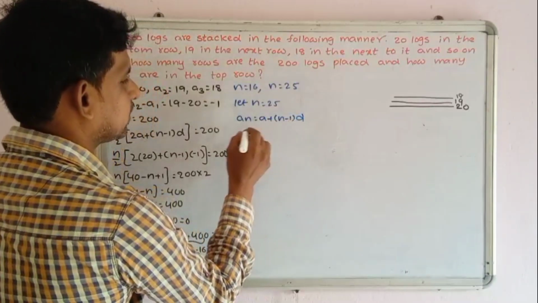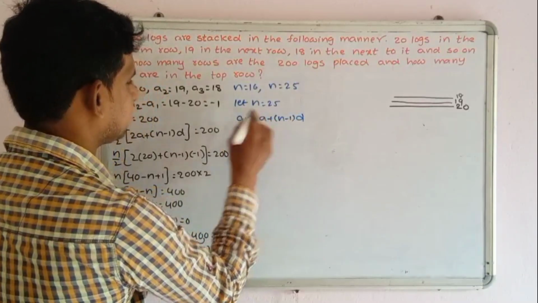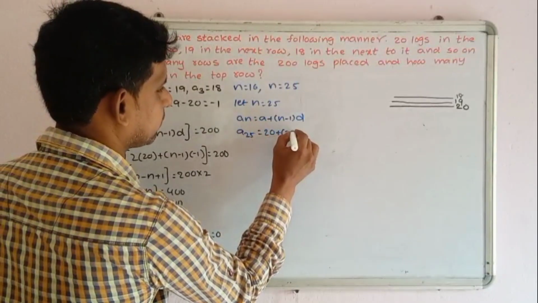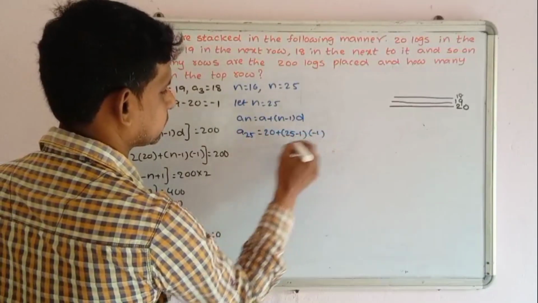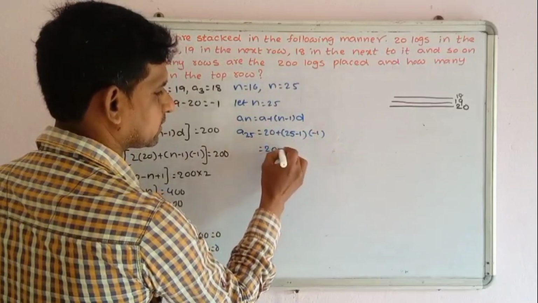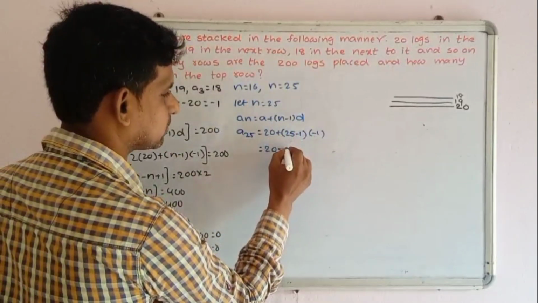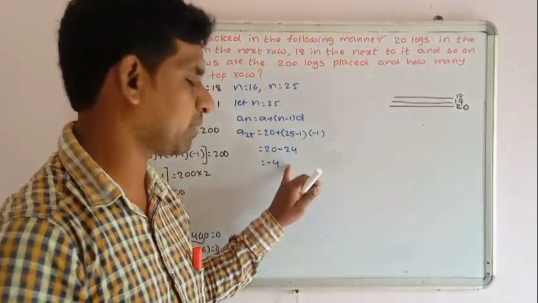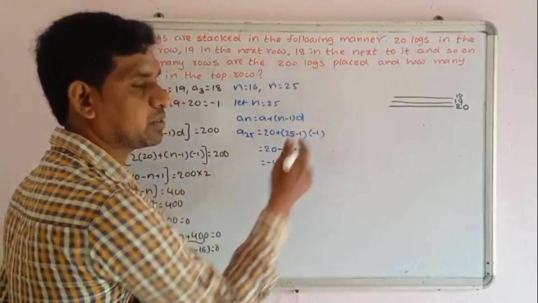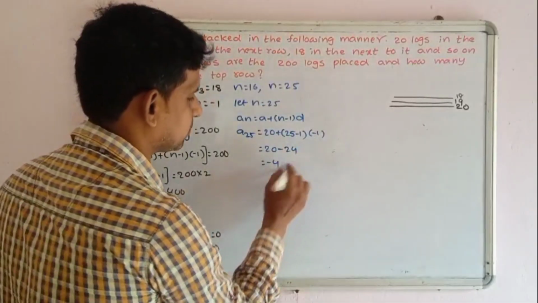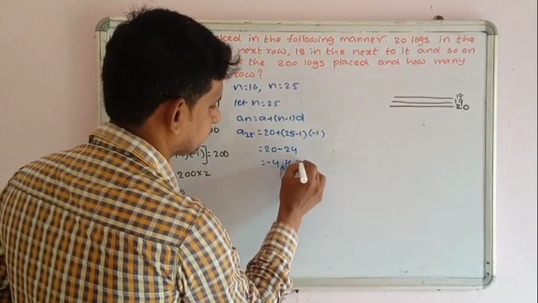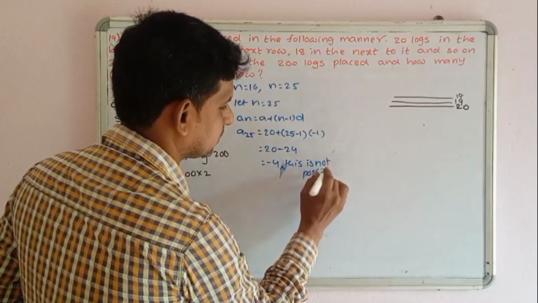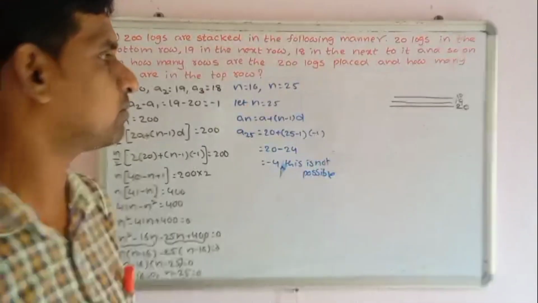So a25 equals 20 plus (25 minus 1) into minus 1. 25 minus 1 is 24, so 20 minus 24 is minus 4. Is minus 4 possible? Minus 4 logs is not possible. So this is not possible.